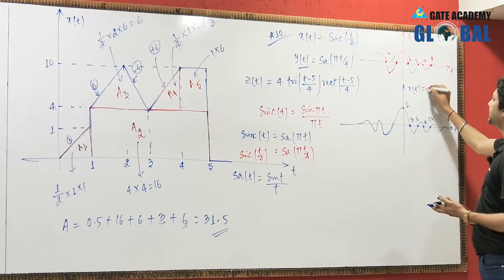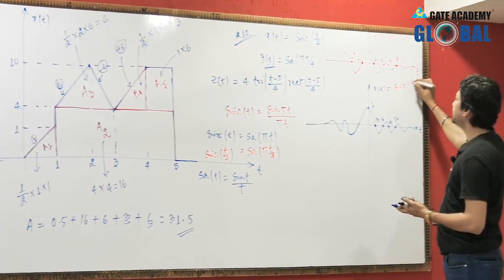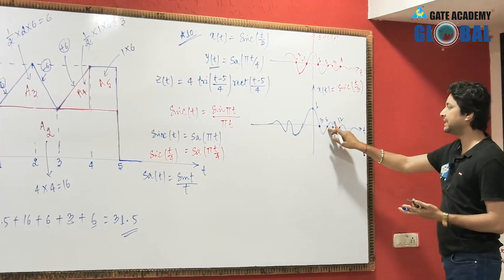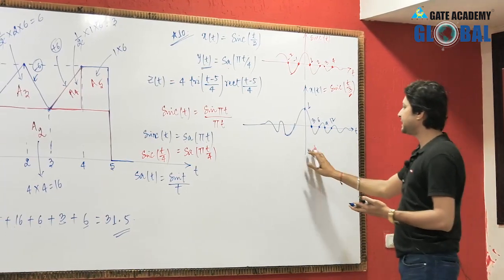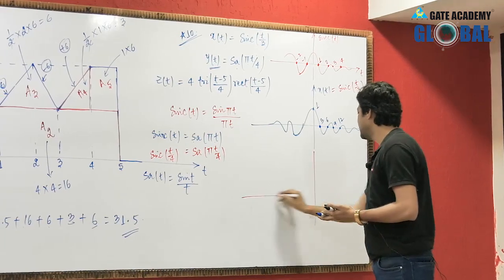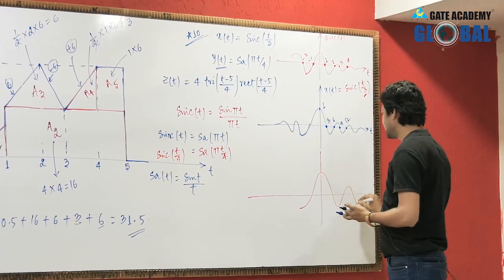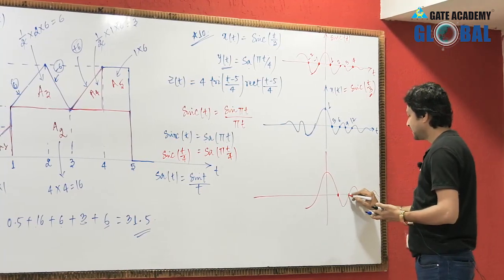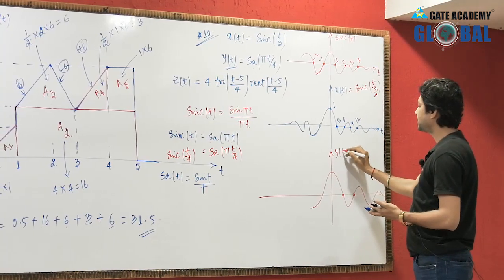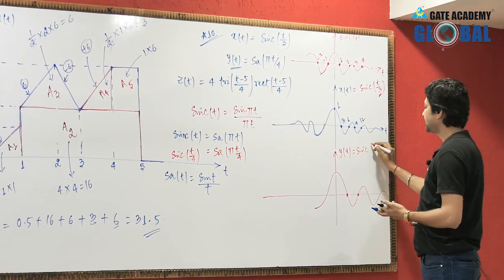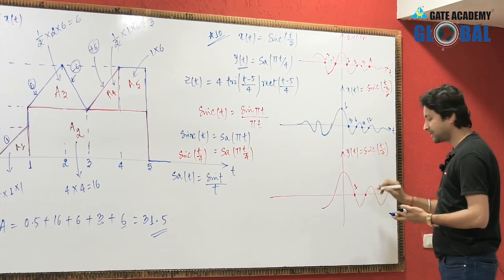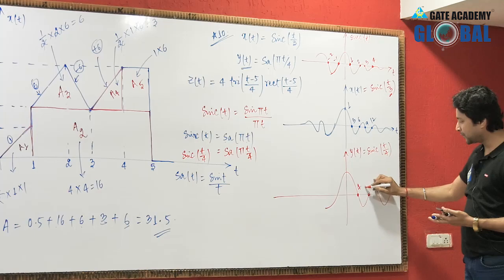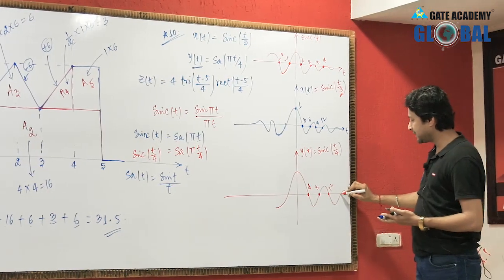This signal x of t is sinc of t by 3, having 0 crossing points at 3, 6, 9, 12 and so on, that is integer multiples of 3. Similarly, if you plot y of t, which equals sinc of t by 4, this signal will have zero crossings at 4, 8, 12, 16 and so on.